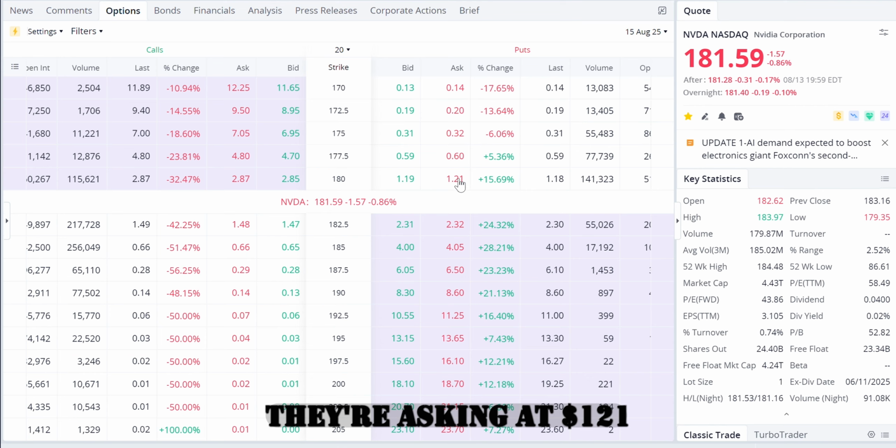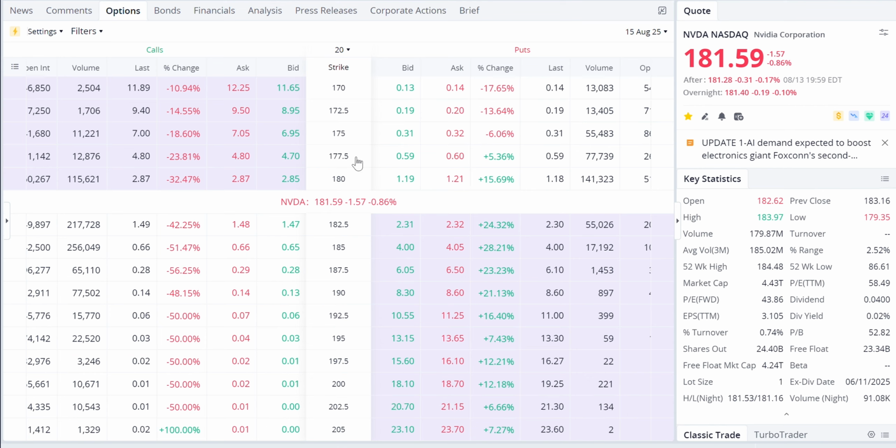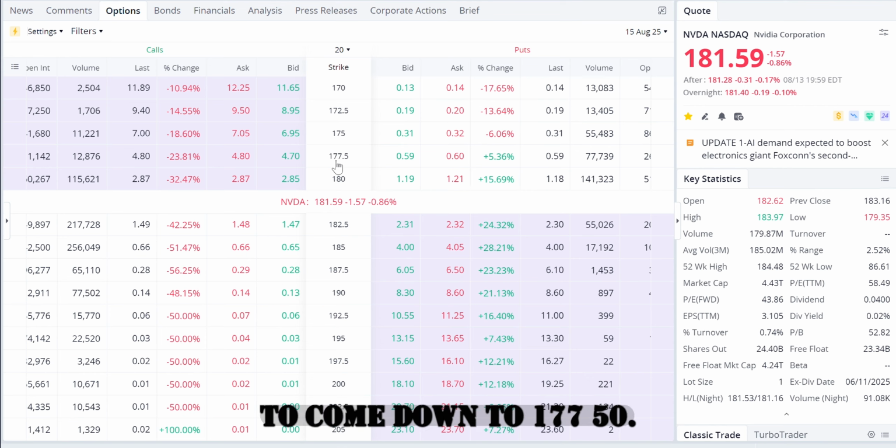They're asking $121, okay, for Nvidia to come down to 177.50. They're asking $60, okay, you get it? So it hasn't come down yet. So that's why these are not colored and these are out of the money. The price of the stock has to get there. Okay. All right. So we clarified that.